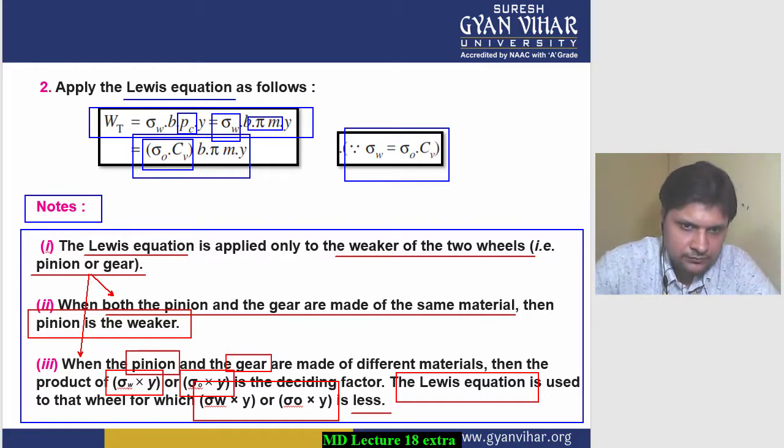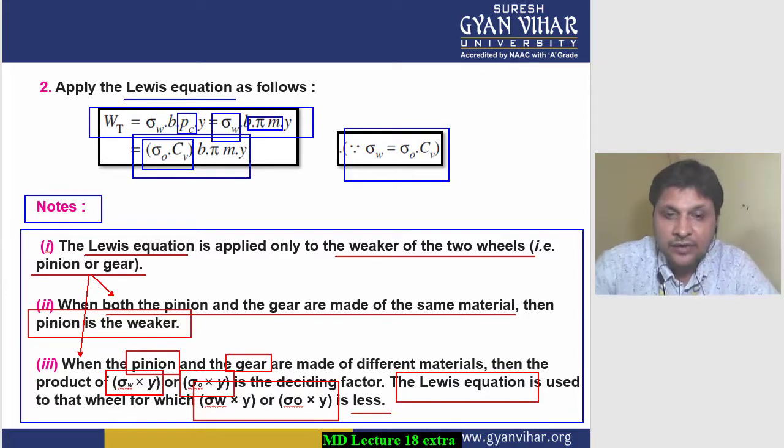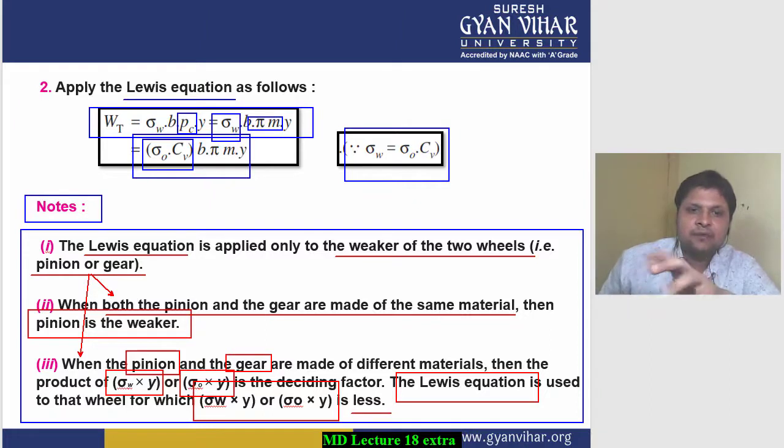The second thing is which will be considered as weaker. There are two cases for this. One, if both the pinion and the gear are made of the same material, in that case, students, we consider the pinion as the weaker, because the pinion has the less number of teeth.